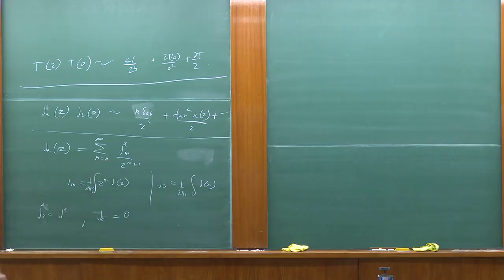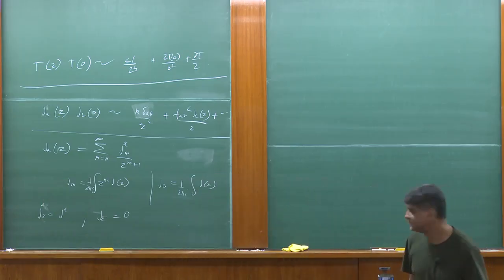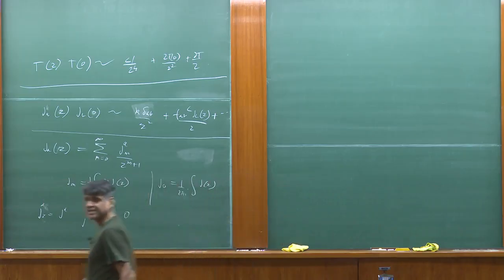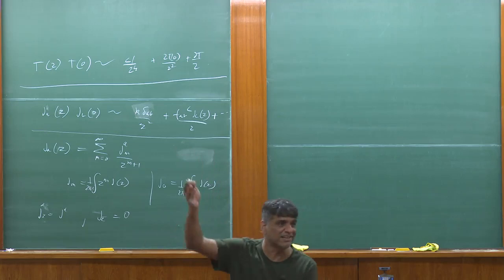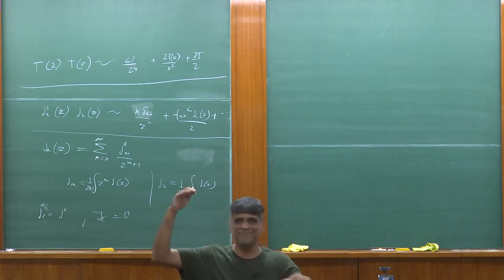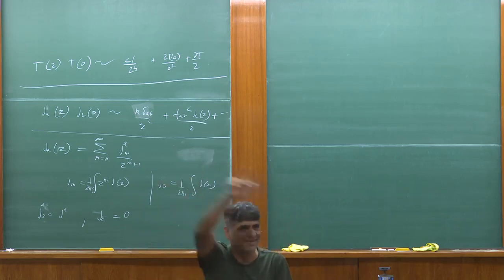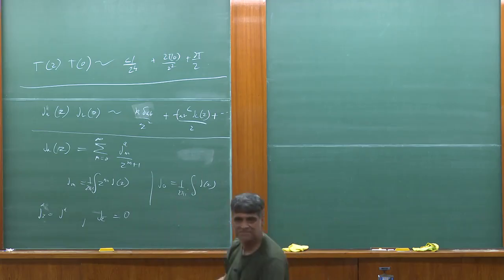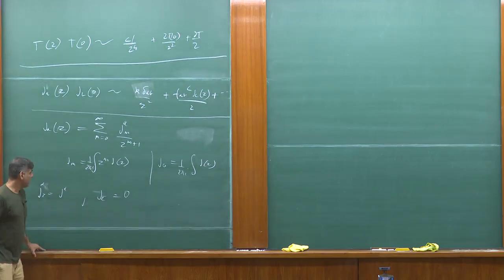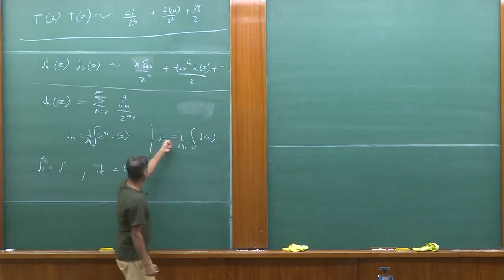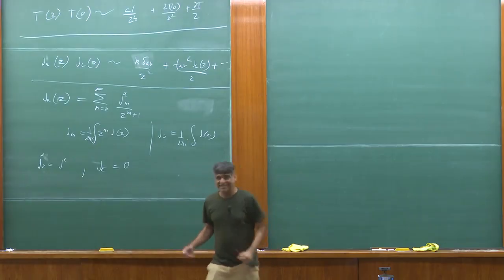This is the definition of my two-dimensional current. Then with respect to this two-dimensional current, the charge is just the integral of J_z dz. You remember we showed in general that the charge was integral J_z dz minus integral J_zbar dz bar on the unit circle. In this case, because J_zbar is 0, this charge is just integral J_z dz. So this quantity here, this J_0, is the charge.